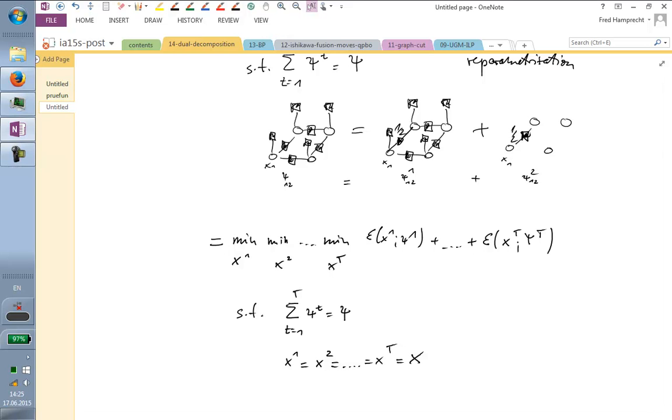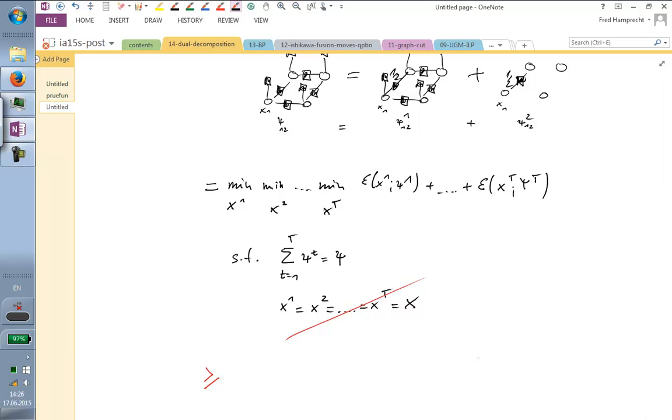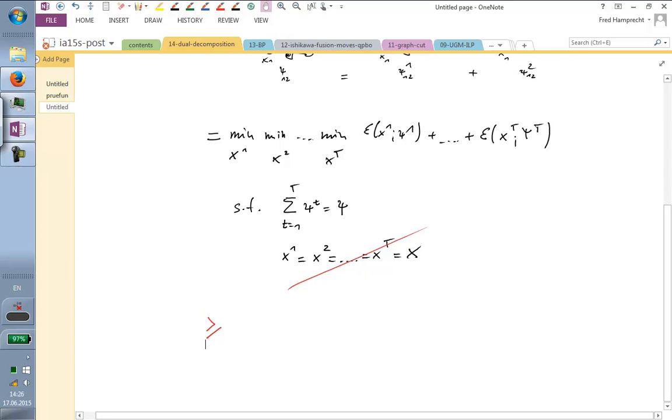And now we're going to make the crucial simplification, namely, in the next step, we will omit this condition. And by omitting this condition, I can lower bound my original problem as follows. So by omitting the condition, I have decoupled these individual optimization problems. So I can now use each minimization only over its own labeling.